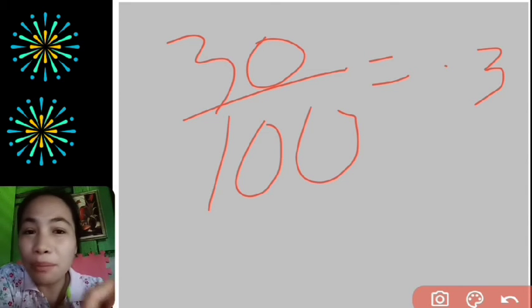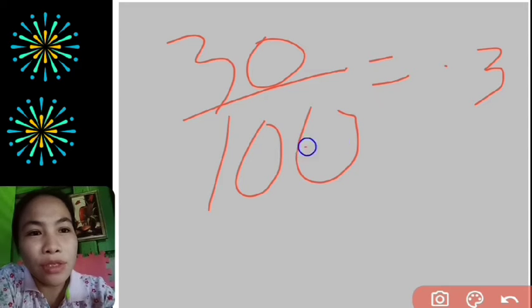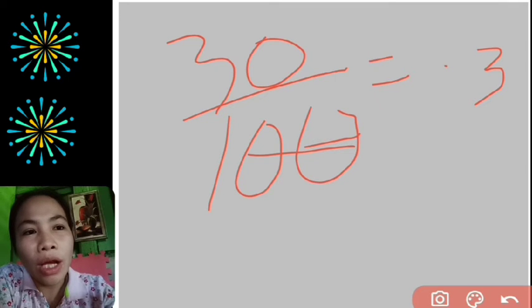my idea is that since we have two zeros in 100, I don't need to divide. I assume that the decimal is here, since we don't have a decimal in the upper portion.